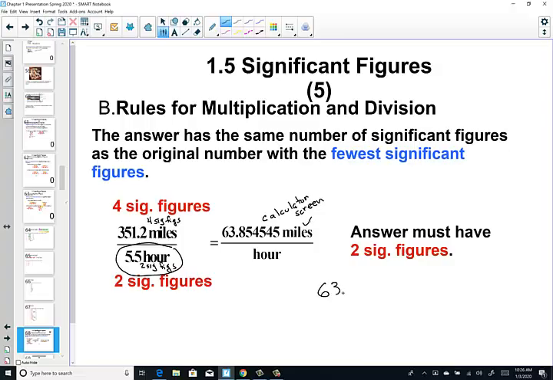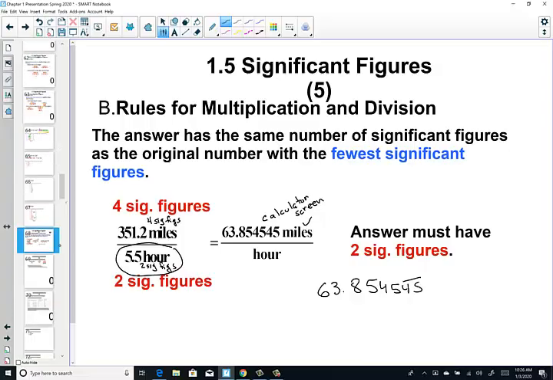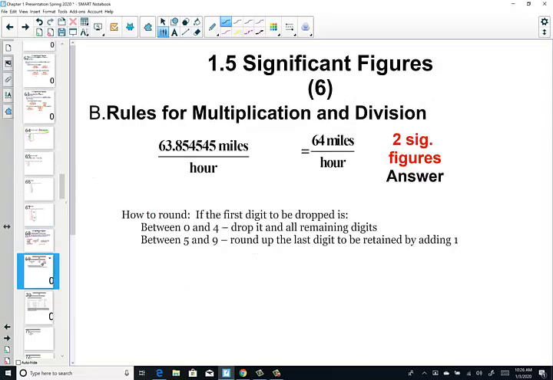The question becomes, how do I round 63.854545, and that just continues on the screen for a long time, only being allowed to report 2 sig figs. So let's talk about how we are going to round. If the first digit to be dropped is between 0 and 4, drop it and all the remaining digits.